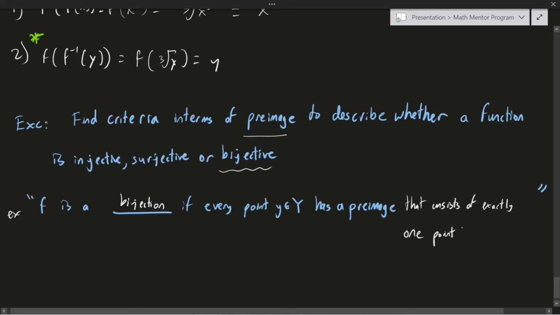So in the homework, you will be asked to find equivalent criteria in terms of preimage for injectivity and surjectivity. So that's going to end it for this week's asynchronous lectures. And hopefully next week we are going to be ready to tackle the more serious topics of the pigeonhole principle.